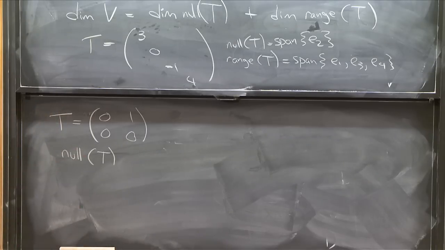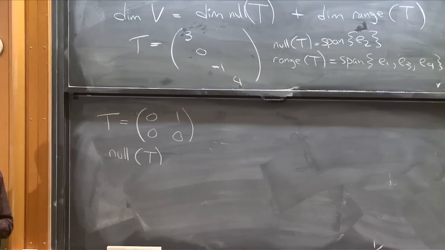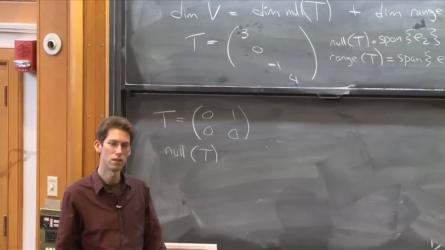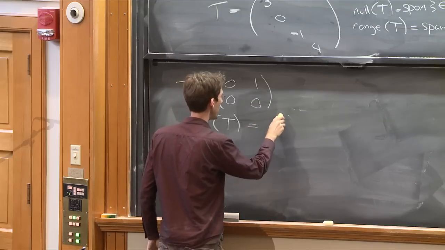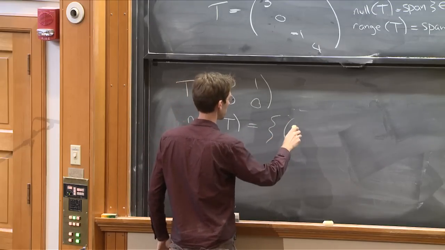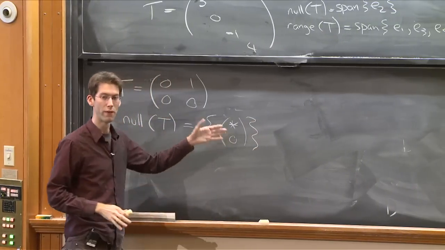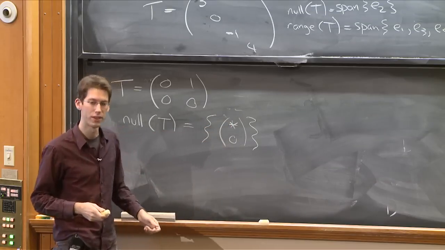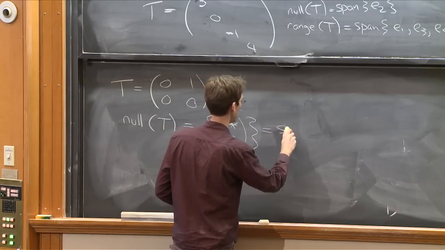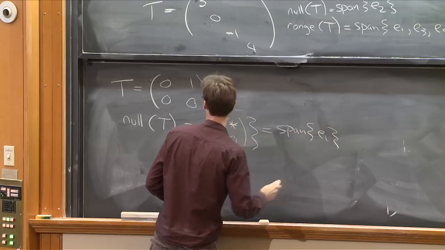So what's the null space for this matrix? Yeah? Informally it's everything of this form, right? Everything with something in the first position, 0 in the second position. In other words, it's the span of E1.